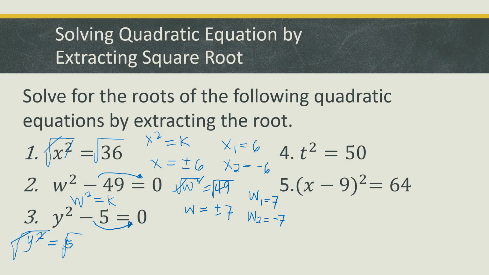So we have now y. Since 5 is not a perfect square number, therefore we already have these two solutions, the positive and the negative square root of 5. So the first solution is positive square root of 5, and the second solution is negative square root of 5.